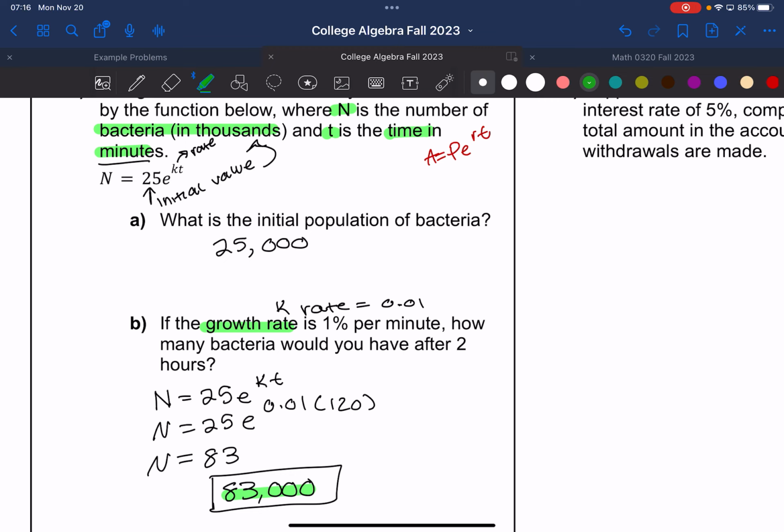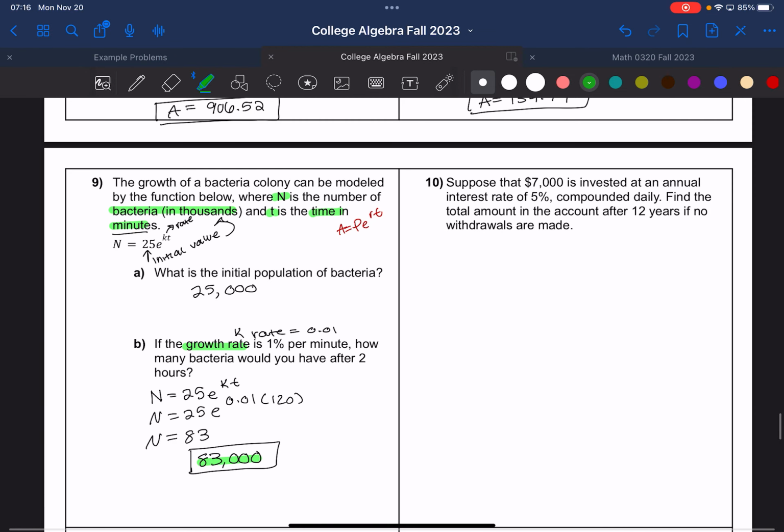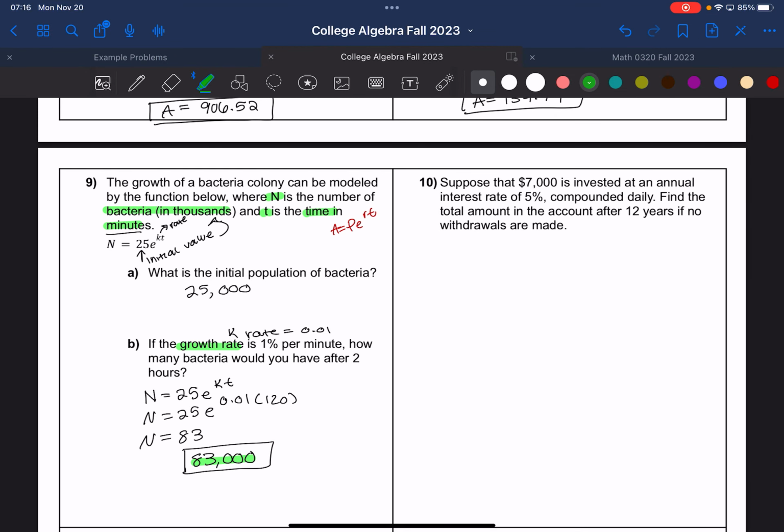If it said decay rate, our number would be what? Smaller. Okay. Any questions on 9? So a lot of these are just plugging into our formulas.